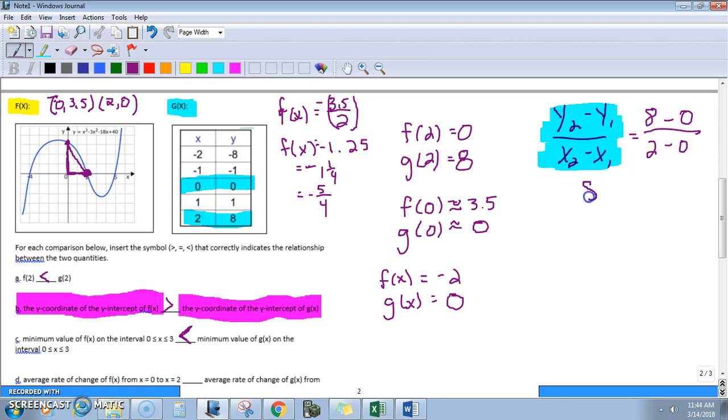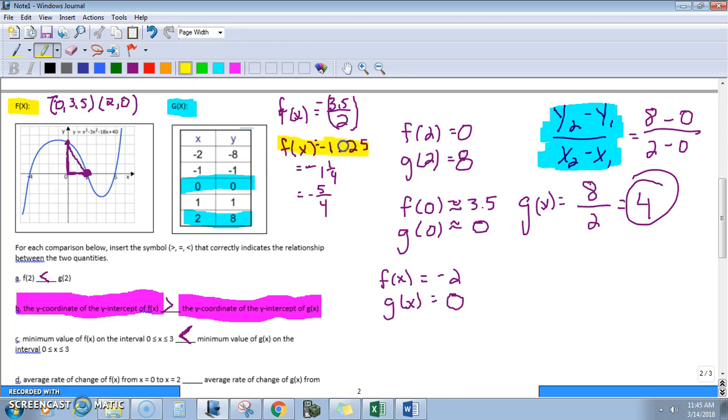So 8 minus 0 is just 8, 2 minus 0 is just 2, 8 divided by 2 is 4. So the average rate of change for g of x is equal to 4. The average rate of change for f of x is equal to 5/4.